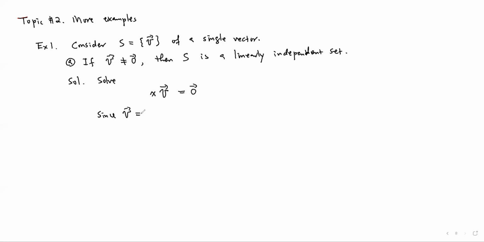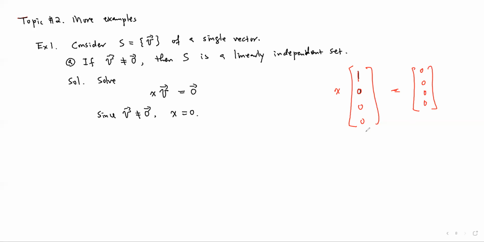Because V is non-zero, to make this equation true, x must be 0. No choice. Say for example, V is (1, 0, 0, 0). Non-zero vector times x is equal to 0. The solution is x is 0, because compare the first entry.